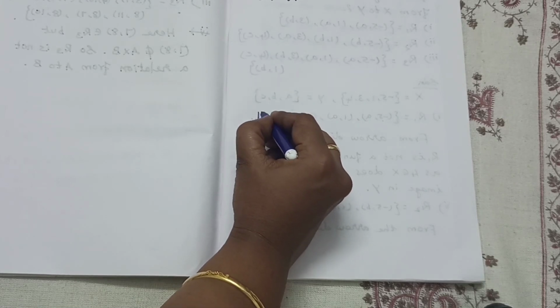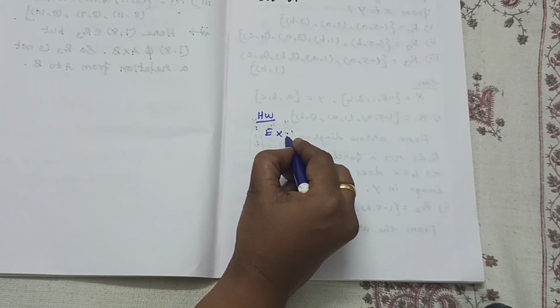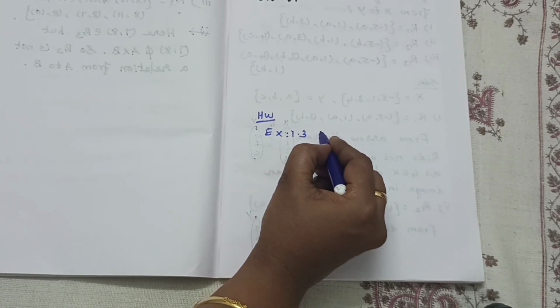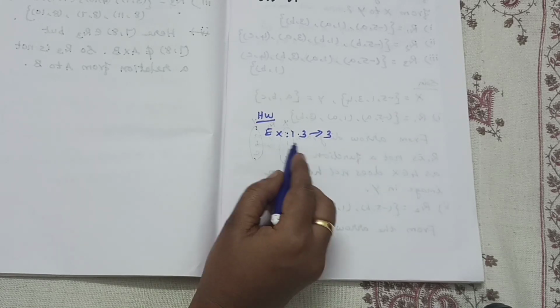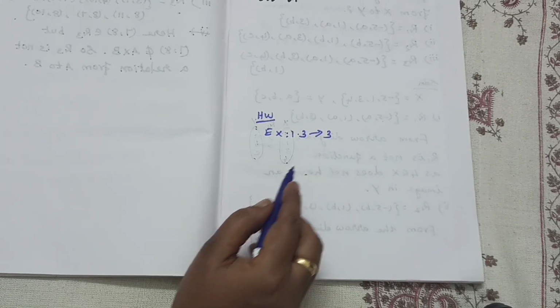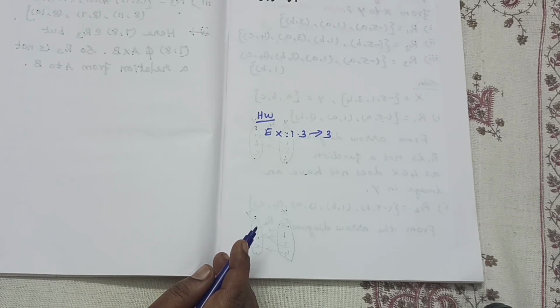Okay, homework exercise 1.3, then third sum. Exercise 1.3, third sum. Given the function f from x to x square minus 5x plus 6, evaluate f of minus 1.